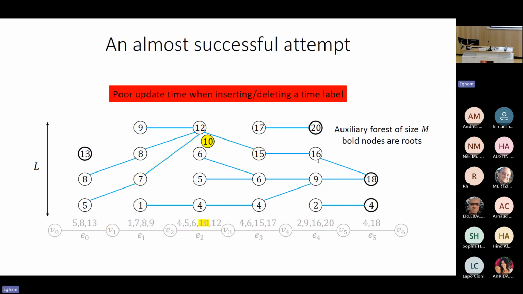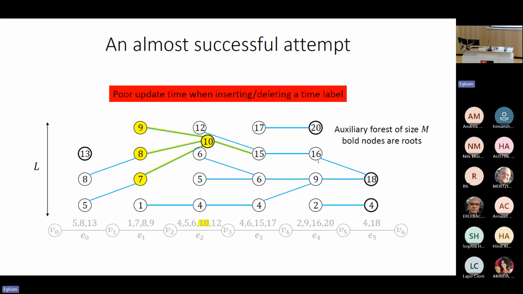Because if we add a label, for example, we add the label 10 to the edge E2, we have to update too many pointers if we want to rebuild this tree that is modeling all the earliest arrival left to right temporal paths. And so the problem is basically that there might be internal vertices of the forest of trees that have a large degree.